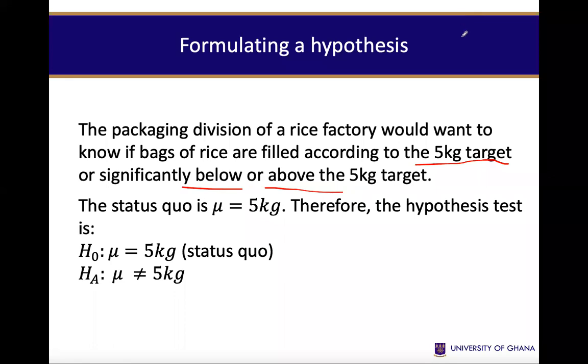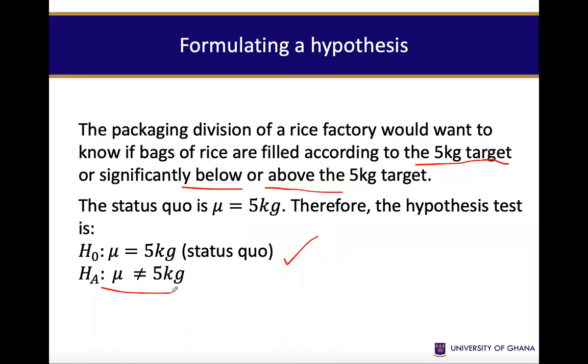Okay. So I'm trying to go over the hypothesis again, using the example so you can take note of that. Your null is the status quo, which is the 5 kilograms, and the alternate is the argument against the status quo, that the machine will not be working properly, so it may not be bagging the 5 kilograms.